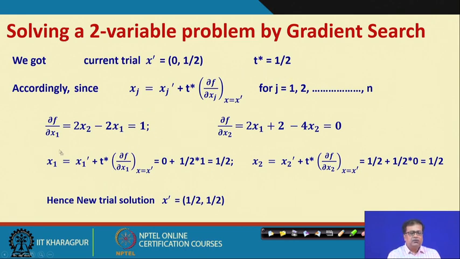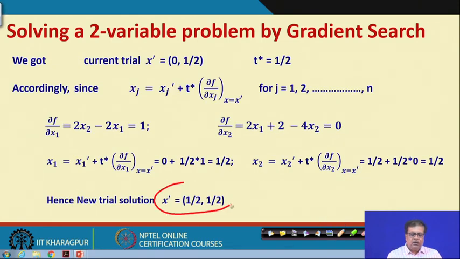So, x 1 will be 0 plus half into 1, that is half, and x 2 will be half plus half into 0 equal to half, because at this point these are our gradients. That means we are not moving in the x 2 direction, although we got a value in that direction. So, the new point becomes half and half.